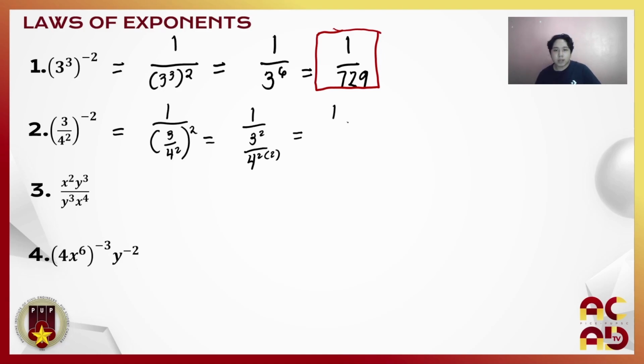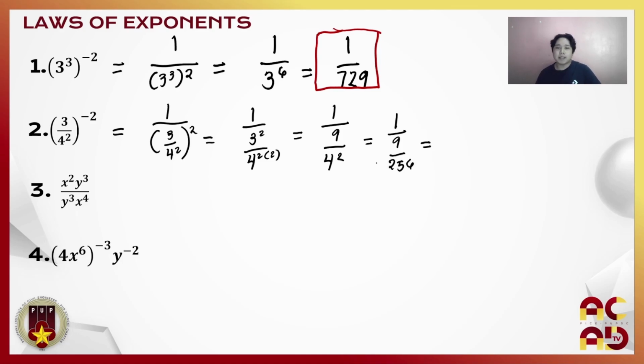So we can simplify this denominator. It becomes 1 over 9 over, 2 times 2 is 4, so 4 squared. Let's simplify this 4 squared again. It becomes 1 over 9 over 256, since 4 squared is equivalent to 256.